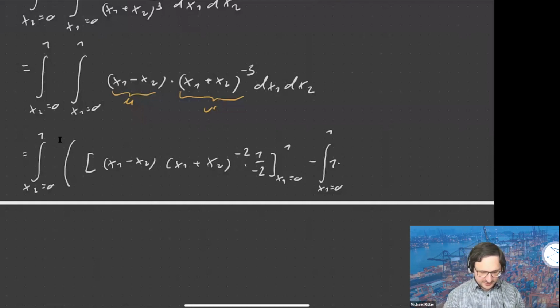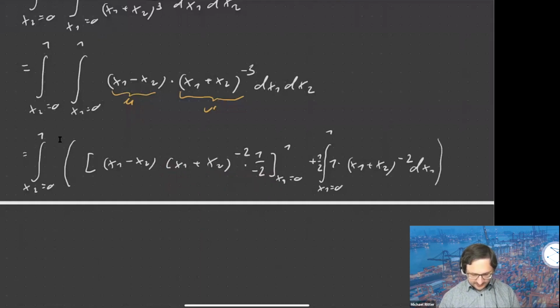V is this expression here, minus 1 over 2 times x1 plus x2 to the minus 2. So instead of minus integral, we can just write plus 1 over 2, the integral, minus times minus, let's cancel out, times x1 plus x2 to the power of minus 2 dx1, and the outer integral dx2.